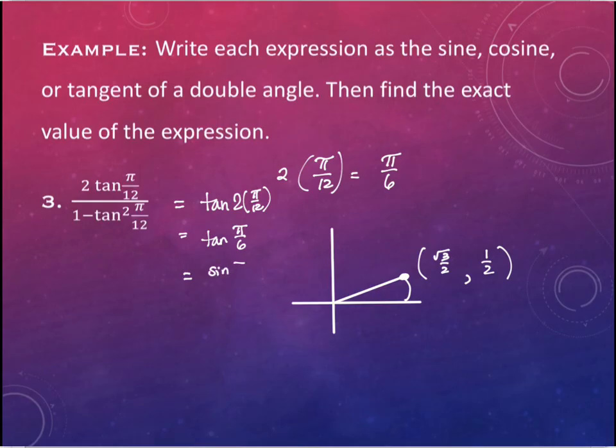We're going to do the sine of pi over 6 over the cosine of pi over 6. If you don't want to write it, that's fine. But just to remind you, that's what we're doing. So we have our 1/2 here, and then we have our square root of 3 over 2 here. And then how do I find this? Well, multiply by the reciprocal. What happens when I do that?